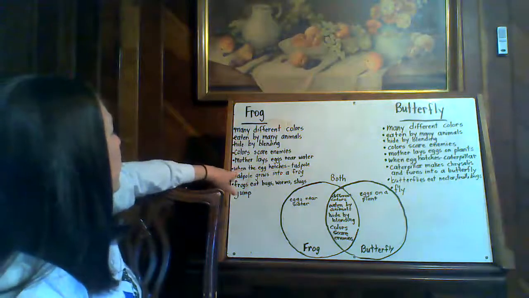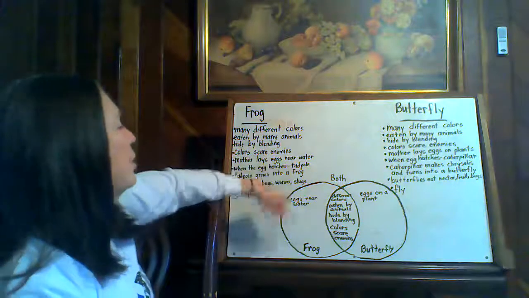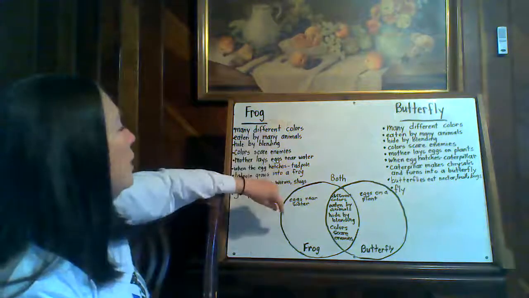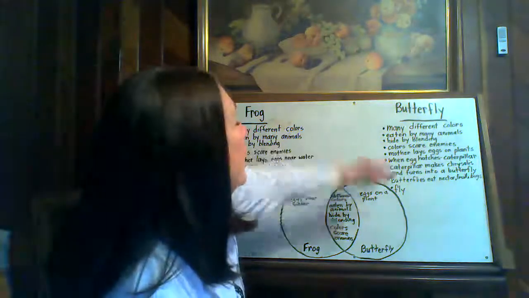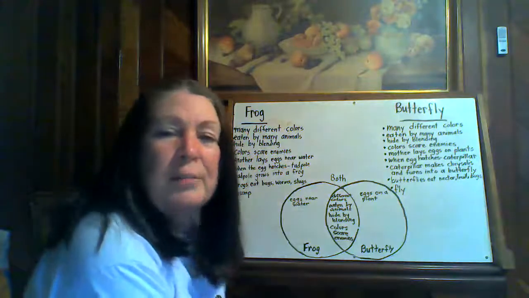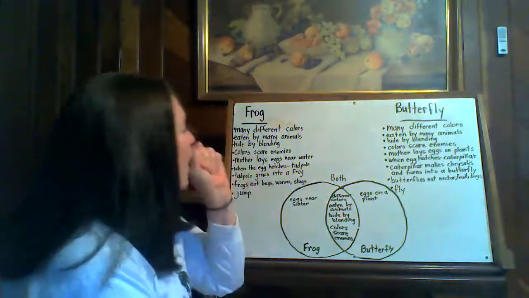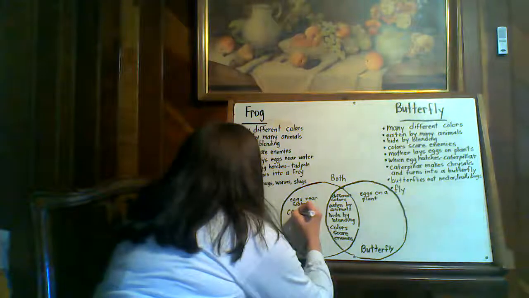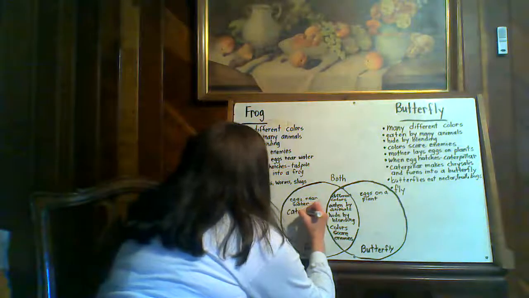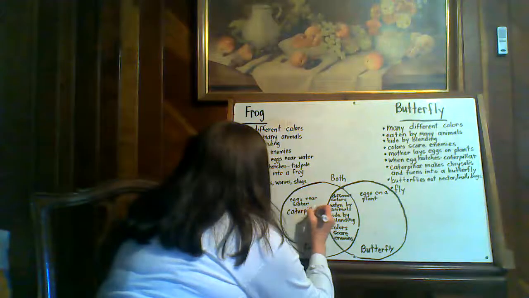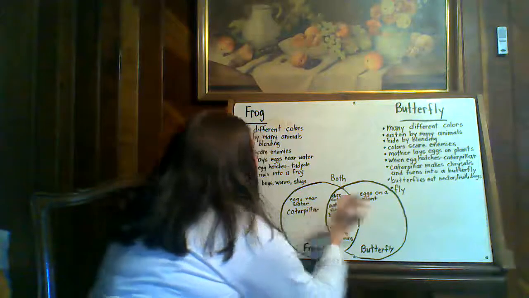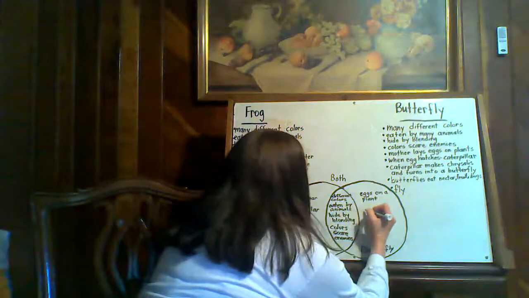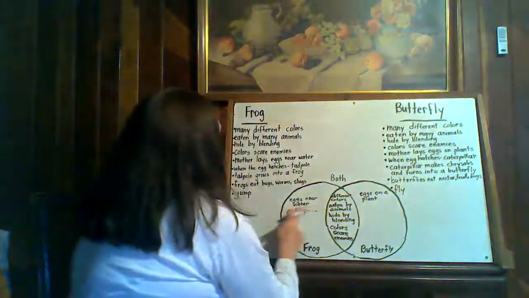Well, when the egg hatches, a tadpole comes out of a frog. What happens when a butterfly egg hatches? A caterpillar comes out, doesn't it? So I'm going to put caterpillar on this side. Got that backwards, didn't I?